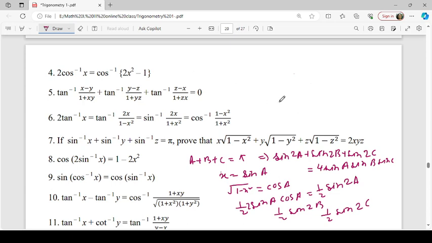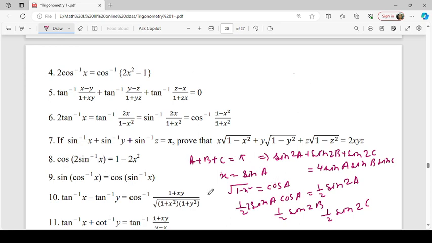Then sin twice c. So you proceed with it and you will get it.